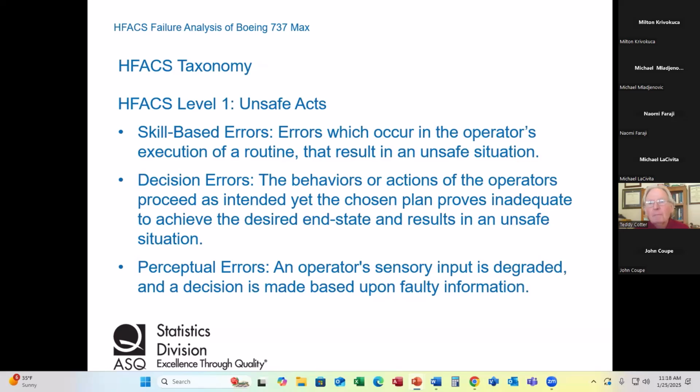So decision errors are behaviors or actions of operators that proceed as intended, yet the chosen plan proves inadequate to achieve the desired end state and results in an unsafe situation, i.e., an incident or an accident. An incident is a near miss, whereas an accident is an actual crash.